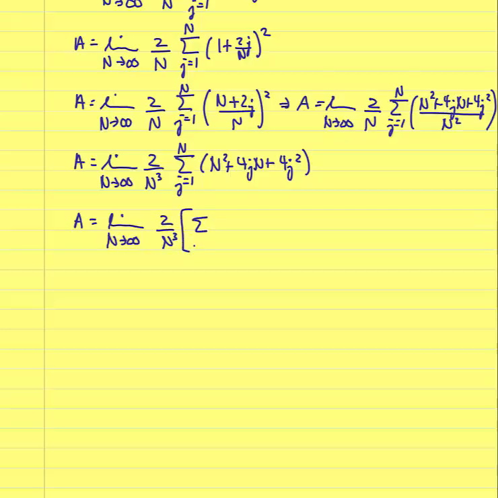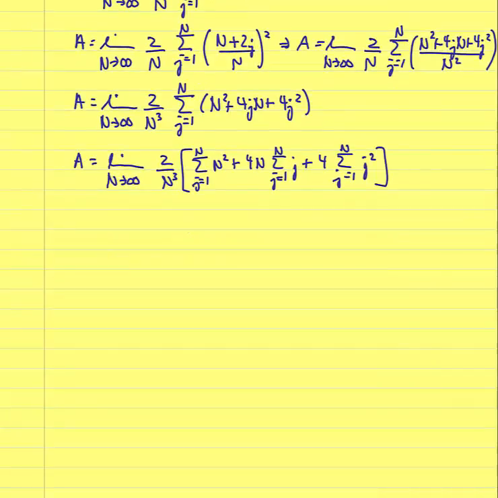So this is going to be the sum, j equal 1 to n of n squared, plus, I'm going to pull the 4n out front, because again, it has nothing to do with an index, plus 4 I'll pull out front, j equal 1 to n of j squared. Now you look at these, they are the formulas from right up above. So let's go ahead and keep summarizing and simplifying.